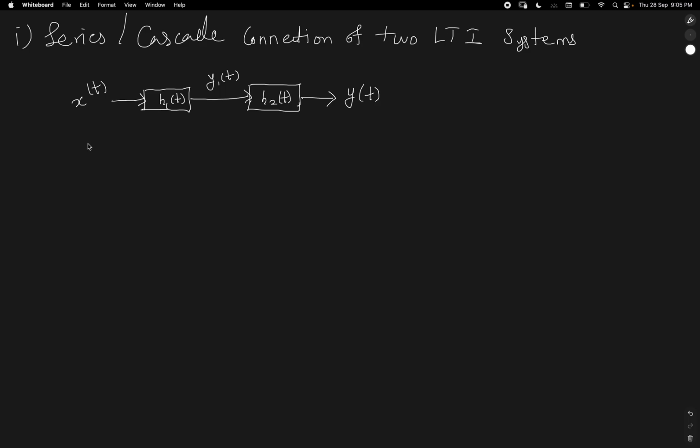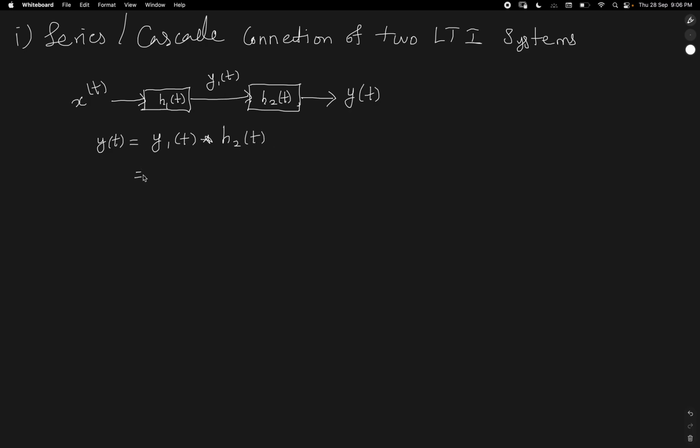So since it is an LTI system, the output is nothing but the convolution of the input and the impulse response of the system. Let us see the overall output y of t. The overall output y of t is nothing but the input to the second system y1 of t convolution with the impulse response of the system h2 of t.